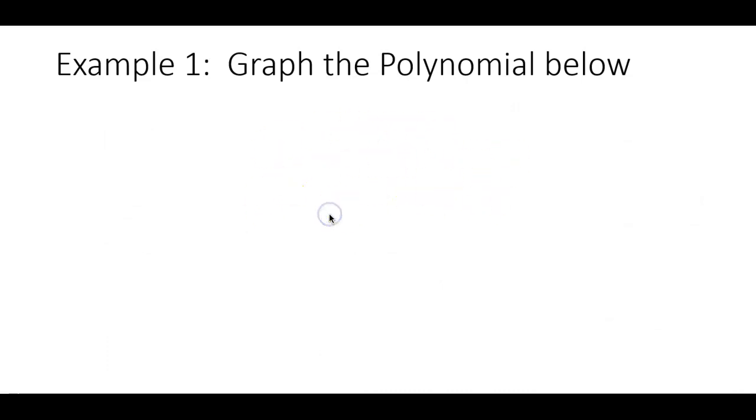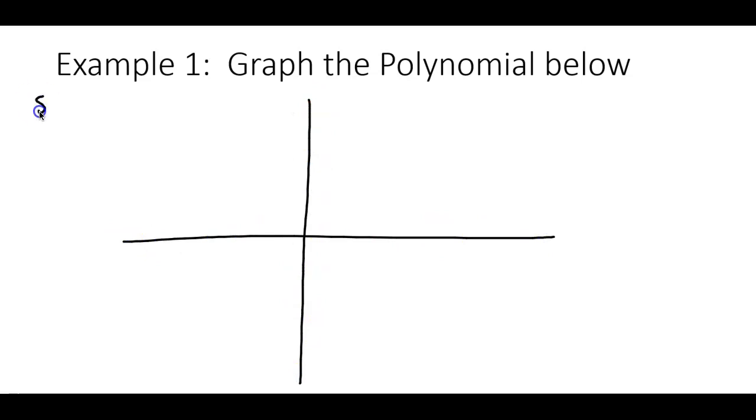So let's go ahead and start from the beginning. This is step 8, and step 8 is to graph. At the beginning, we found out what our roots were. My roots were 0, 2, and -1.